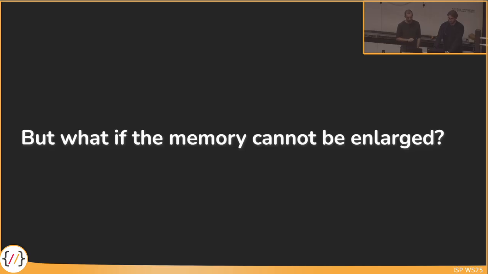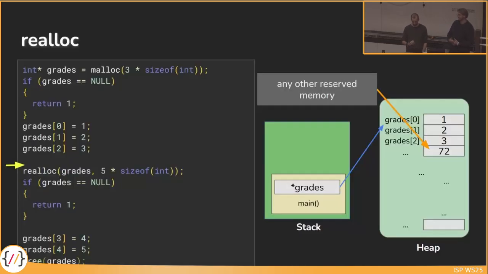What if this memory cannot be made bigger? So let's say we have our grades array here, and somewhere else in my program, I've also allocated 1 integer and stored there 72. As we know, it can be anywhere in my program because it's a heap, it's just not ordered.